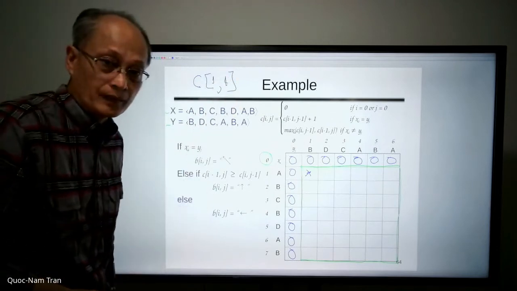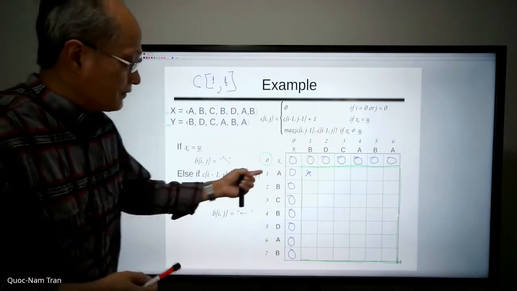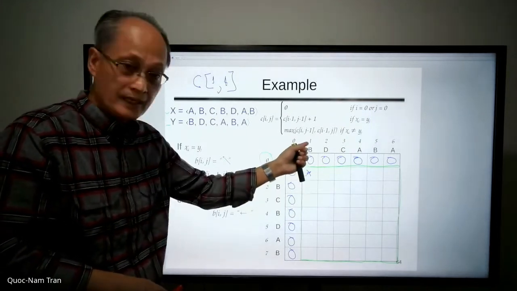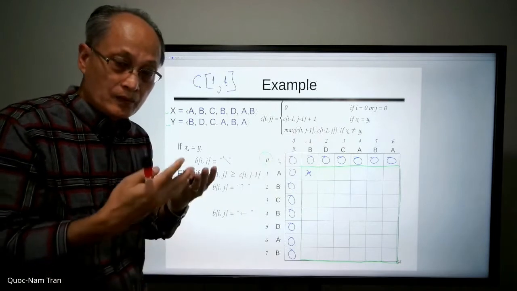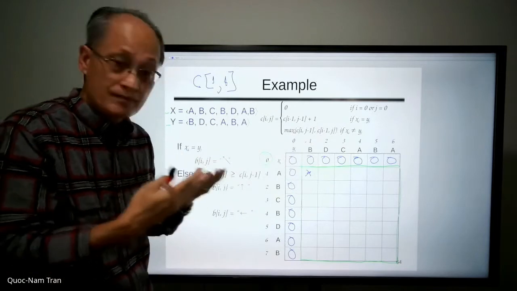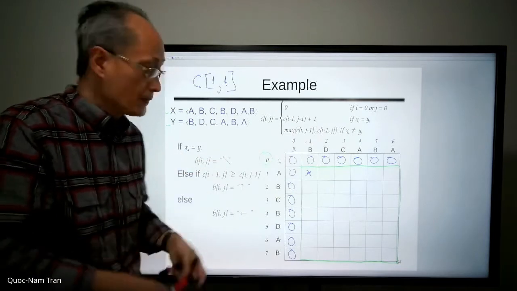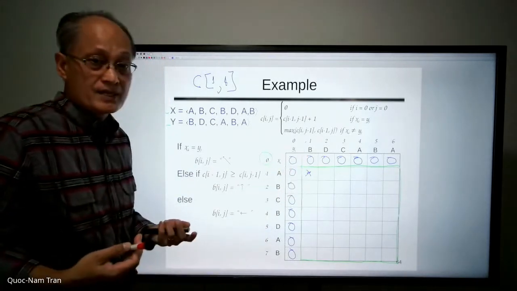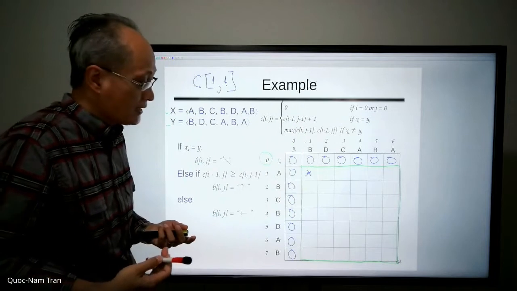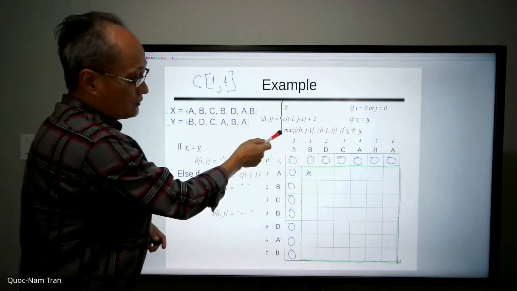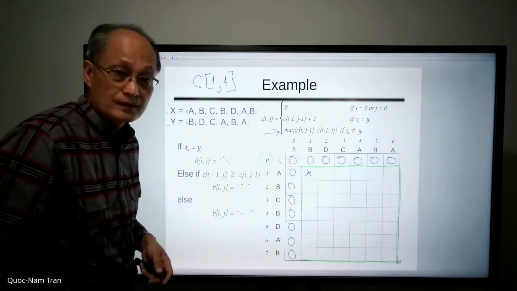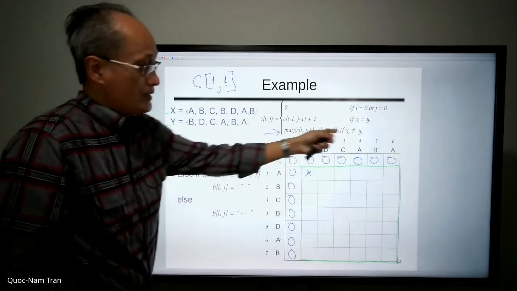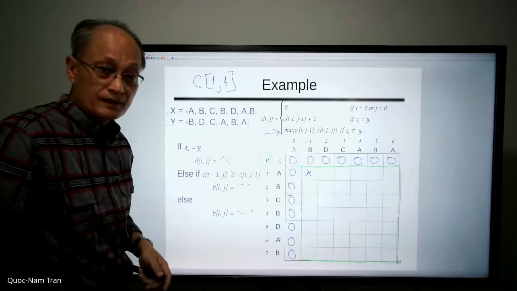What is C11? Remember that when the first string has one element and the second one has one element, we see if they have the same letter, right? In this case, A and B don't have the same letter. So we have to use this option, because they have different values.